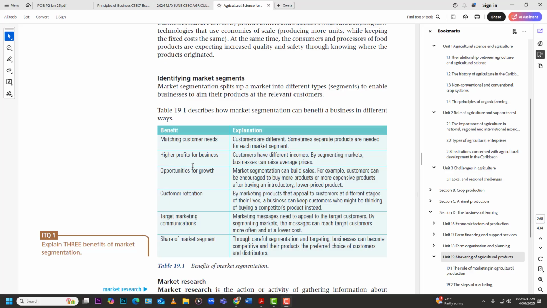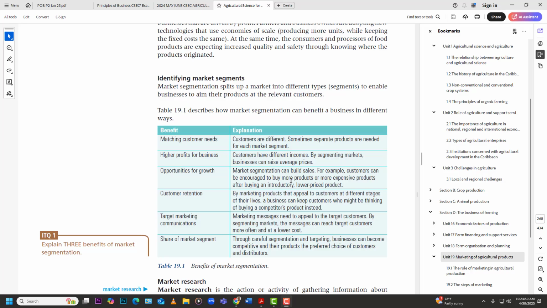One of the key ones is higher profit for the business. Customers have different incomes. By segmenting markets, businesses can raise average prices. So when you have different markets, you can have different prices for the same product. In a restaurant versus a grocer, you can carry up the price when you sell to a restaurant or a hotel, because they are going to add value to that product. And so you can change your prices for the same product.